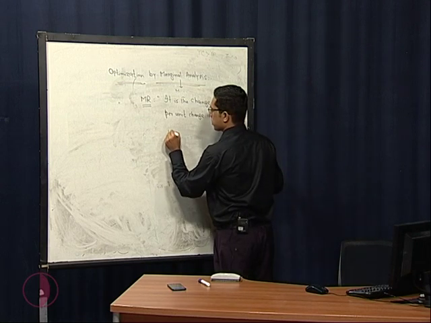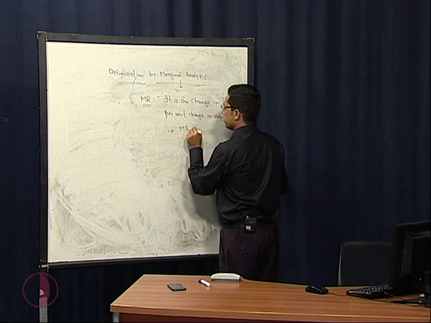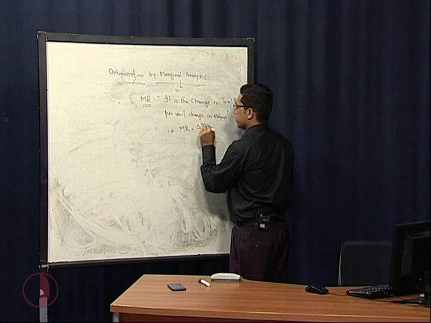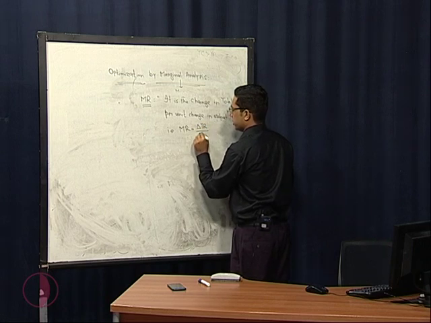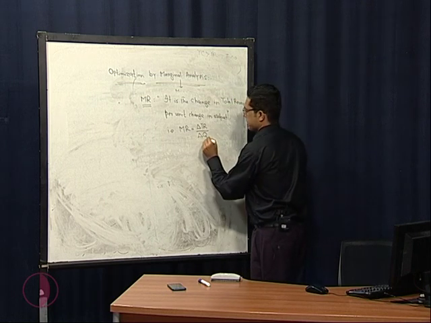That is, marginal revenue is equal to change in total revenue divided by change in output or sales.